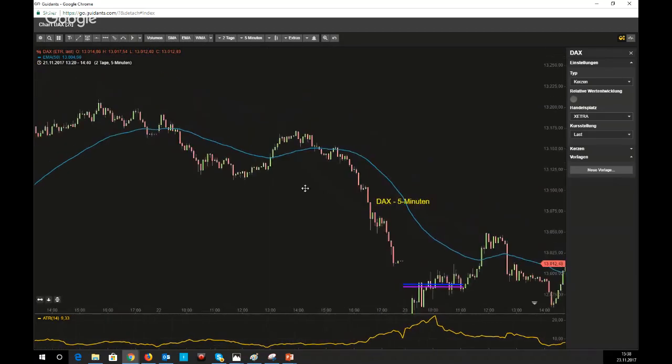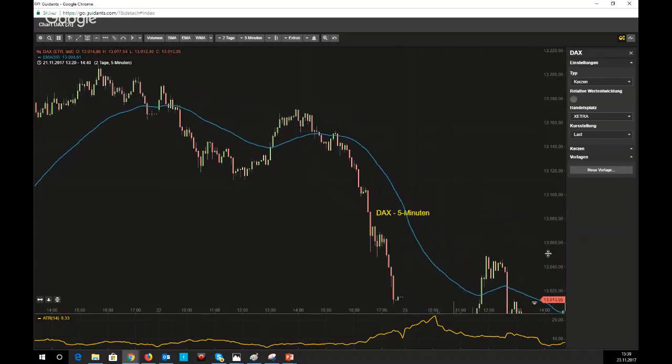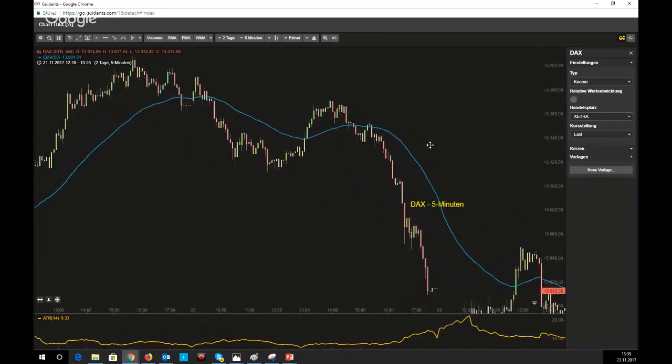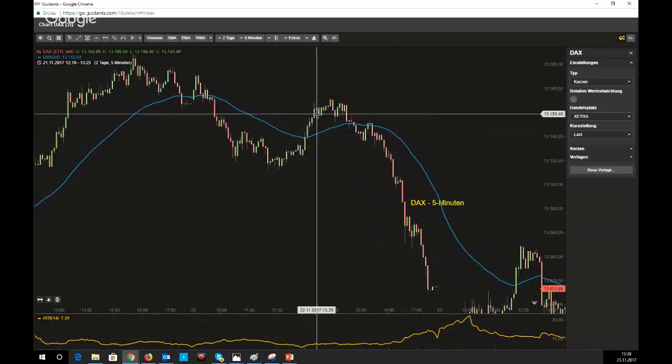Yeah, okay, that's okay, even though we just don't see what's happening here after 5:30 p.m. German time, so 4:30 GMT, because Xetra closes here at 4:30 p.m. GMT. We can see here the bounce.